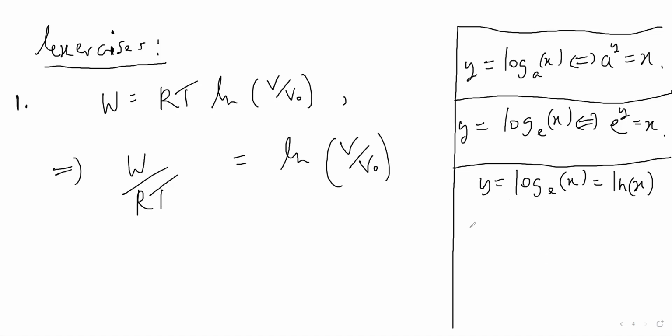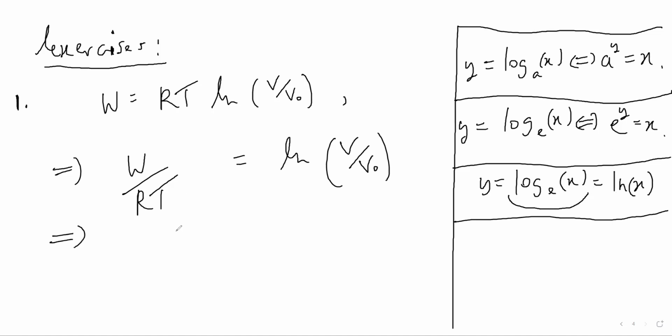So now to solve this problem, we can write the ln as log_e. We can write it in this form here. And the reason why we do that is because we want to apply this definition in order to solve the problem that we're dealing with. So let's go ahead and do that.